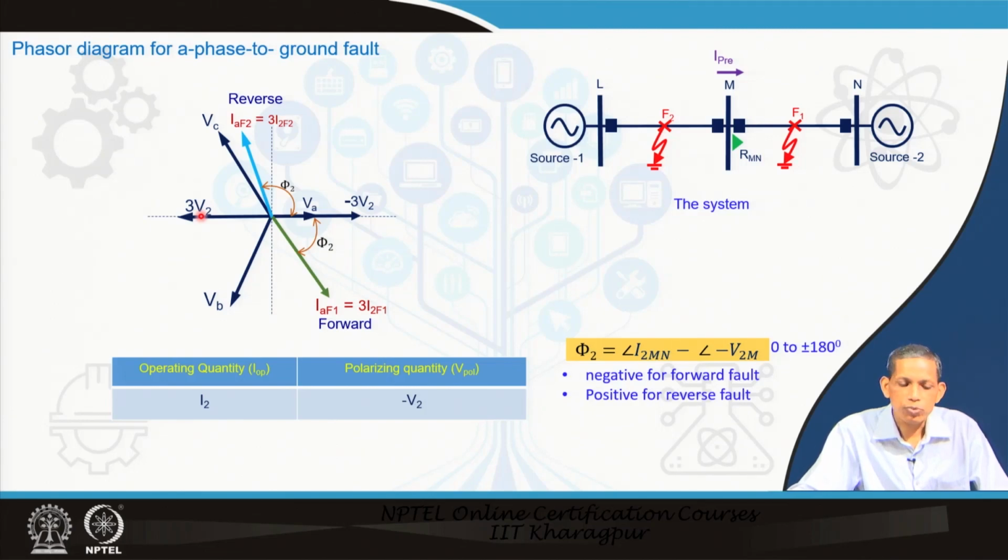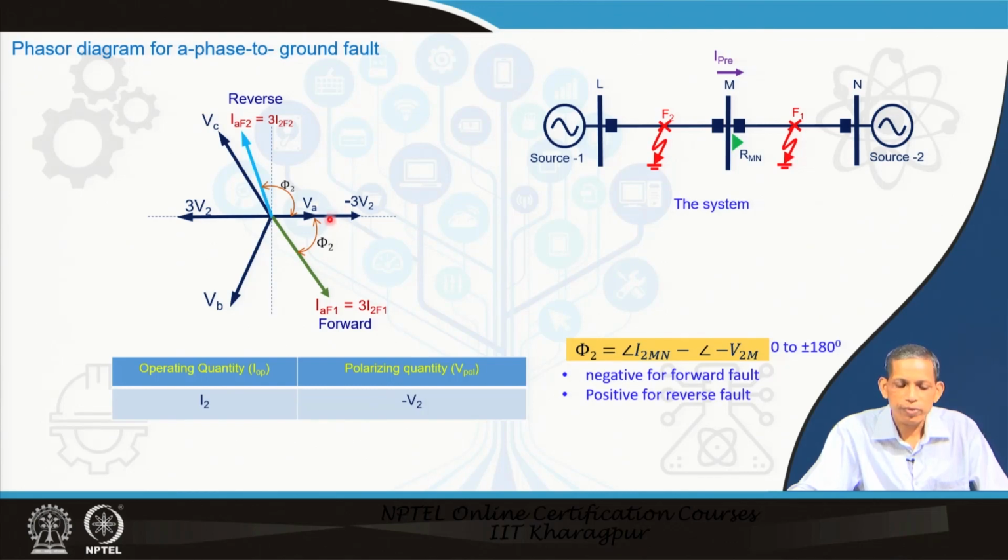Now, if we invert intentionally to bring it to the VA reference, just like we did in the phase component based approach and the 90 degree quadrature approach, where we shifted VBC by 90 degrees to bring it to the VA axis, then 3 V2 brought to the VA axis becomes minus 3 V2.